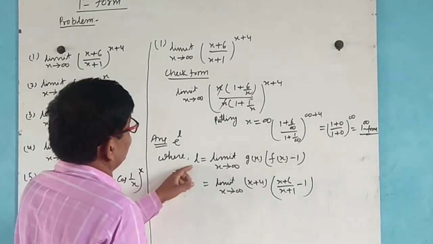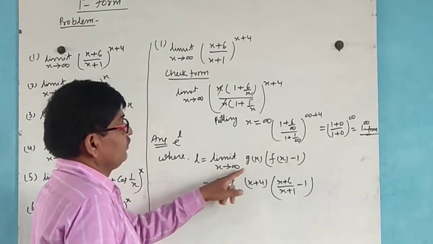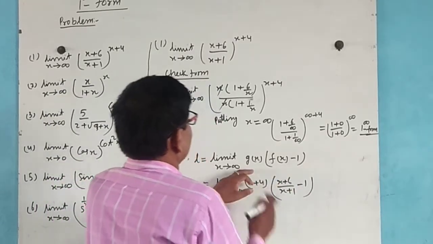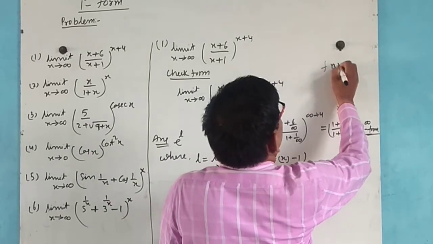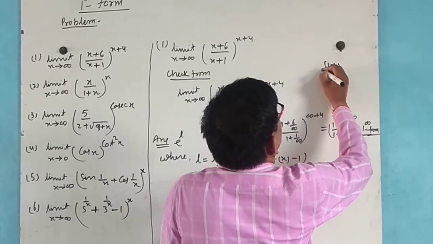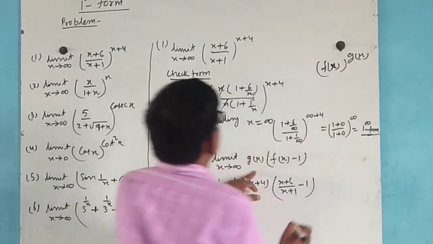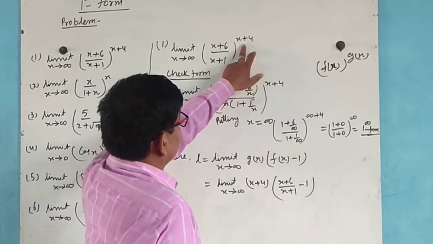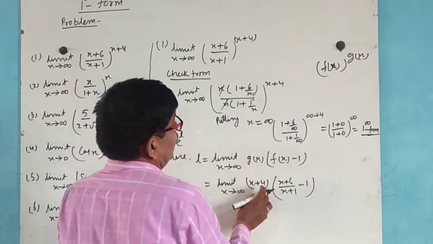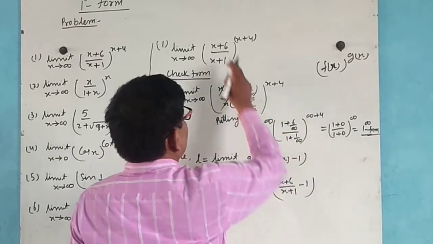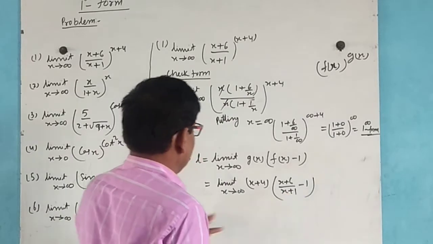where l equals limit x tends to infinity g(x) into f(x) minus 1. Here f(x) to the power g(x), so g(x) is x plus 4, x plus 4 times f(x) minus 1, that is (x plus 6) divided by (x plus 1) minus 1.